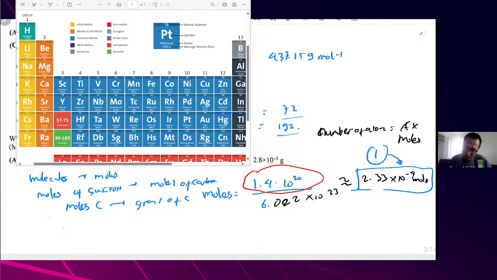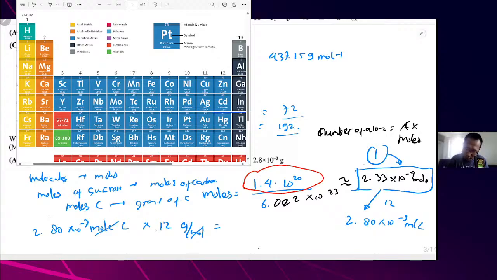So if we have 2.80 times 10^-3 mol C, then mol C times the atomic mass, which is 12 grams per mole.